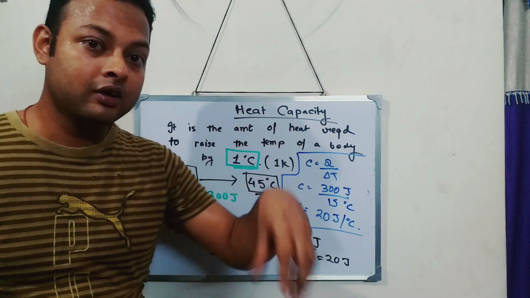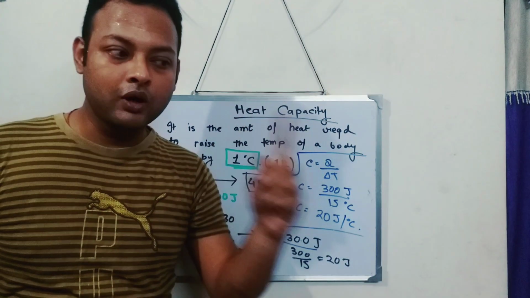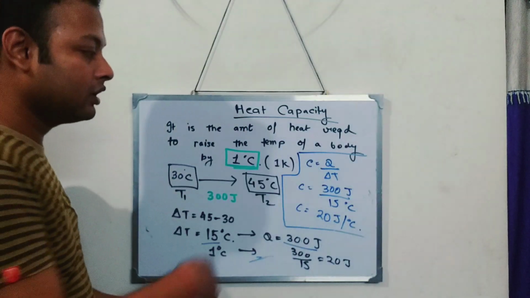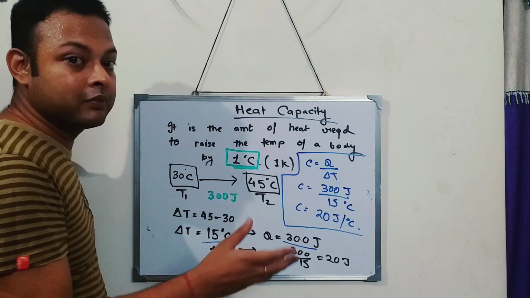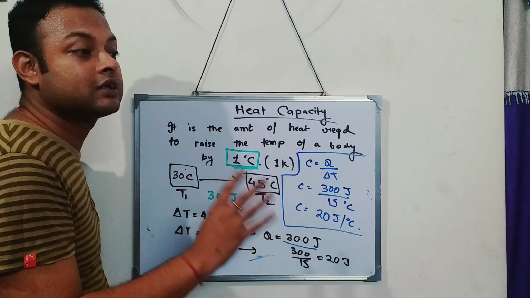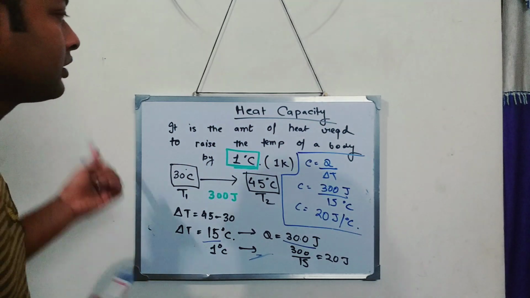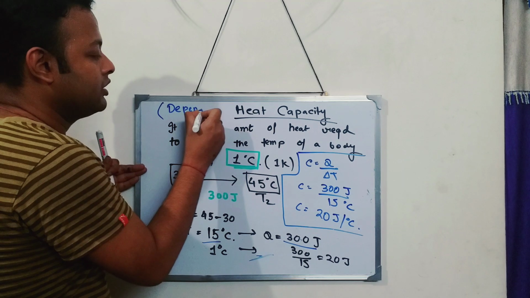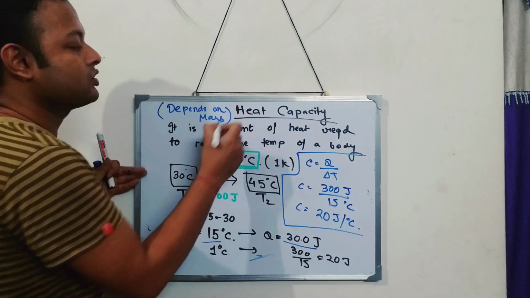Small body for 1 degree, small heat required. Big body for 1 degree centigrade, it requires a large amount of heat. So don't think that because the formula doesn't have mass, it is independent of mass. It depends on mass. So heat capacity depends on the mass of the body.